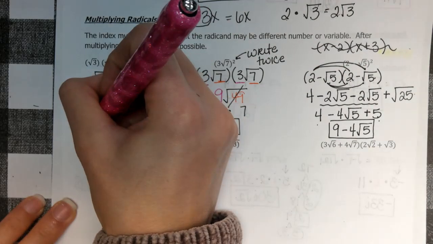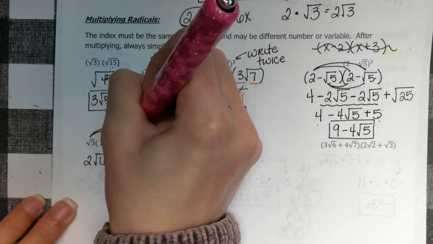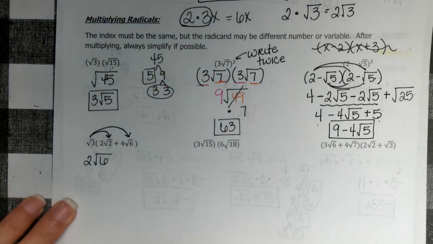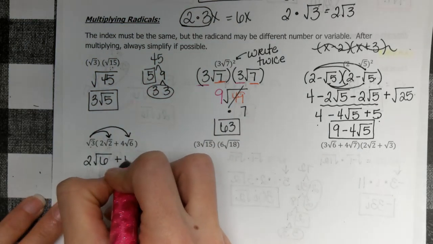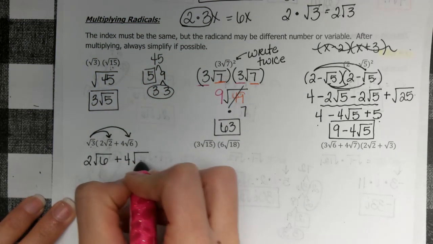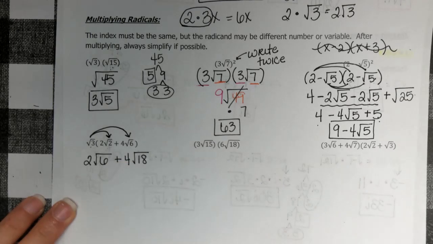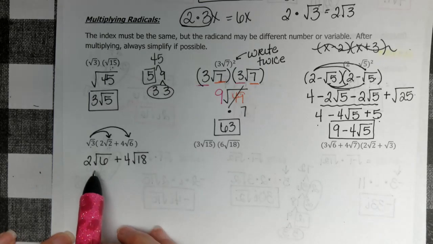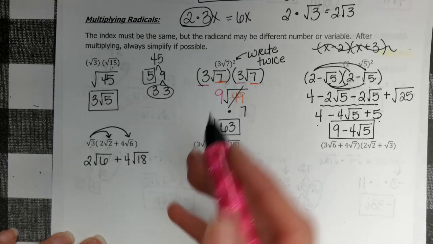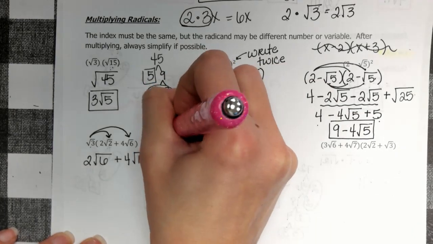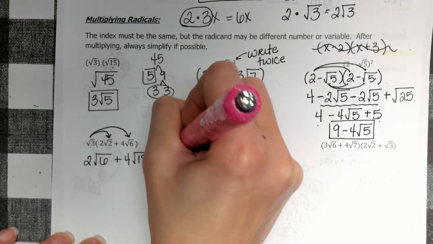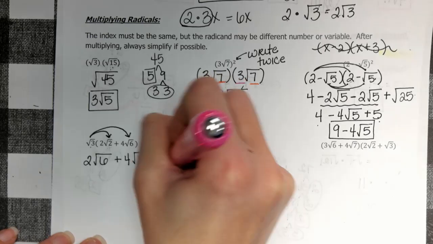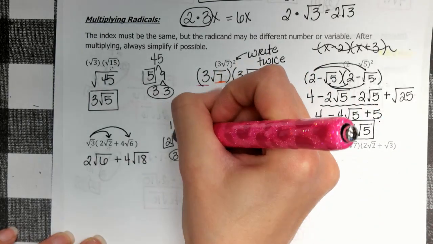Okay? And then I'm going to take square root of 3 times 4 square root of 6, and again, only do radical times radical, so that 4 stays, and then I've got the square root of 18. Now I simplify. 6 can break into 2 and 3, but I can't pair anything. 18 will be 2 and 9. 9 will split 3 and 3, so I have a pair of 3s with a 2 left over.